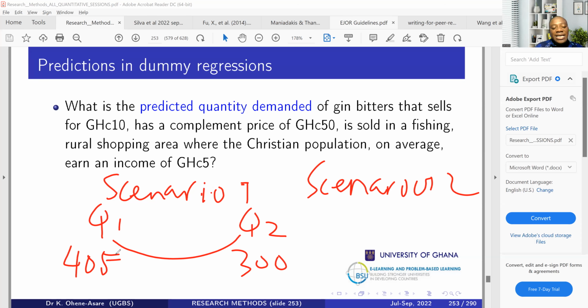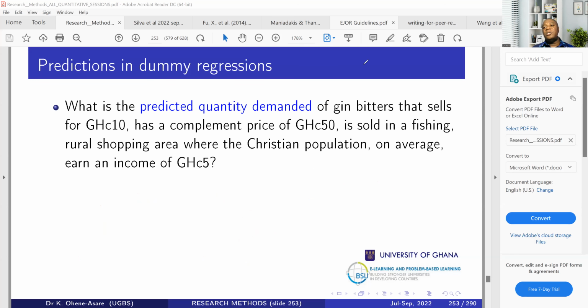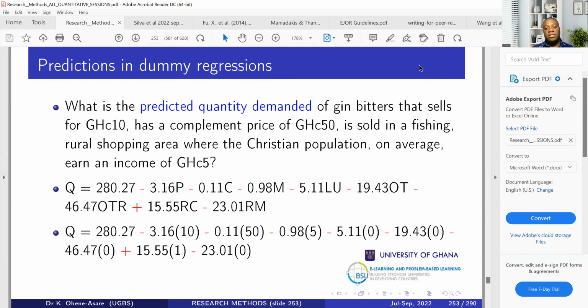Then it means that the difference is going to be 105 in favor of scenario 1. So that will mean that in scenario 1, the quantity demanded will be more by 105 than scenario 2. Now let's take a typical example of that kind of scenario, because I'll not ask you individual, I'll ask you scenarios. Then you can now compare and check.